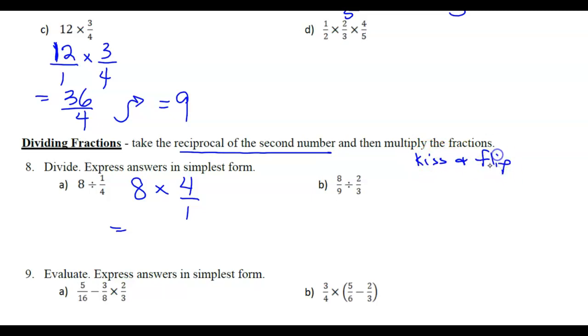Back in the old days, when I was growing up, it's kiss and flip, because the X symbol is a kiss symbol when you sign a card. X's and O's: kisses are X's and O's are hugs. And flipping means you flip the fraction upside down. So that's going to be 32 over 1, which is 32. Okay. Always the second fraction is what you flip.